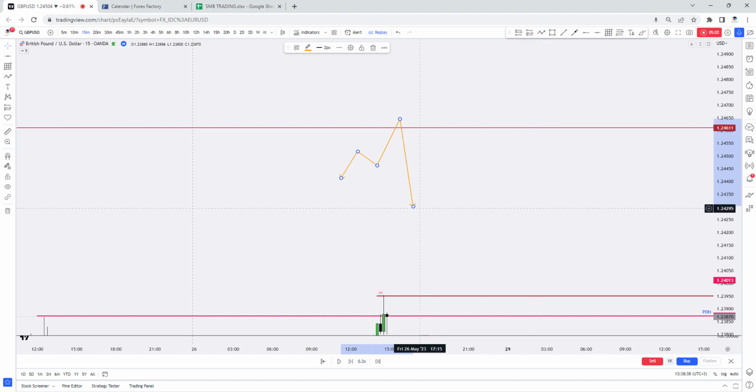And then I would wait for price to come back, like so. Price would come into this high, and that is where you look for your fair value gaps. You look for the order blocks or breakers in here, and then price to go down.